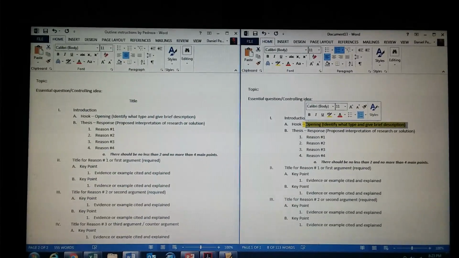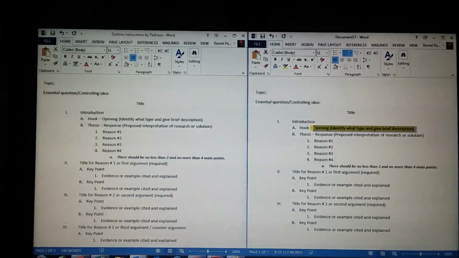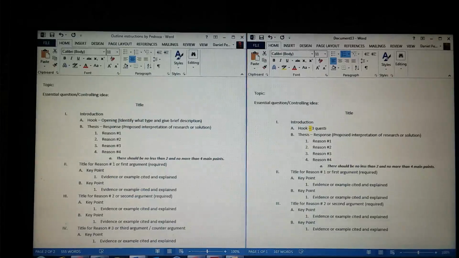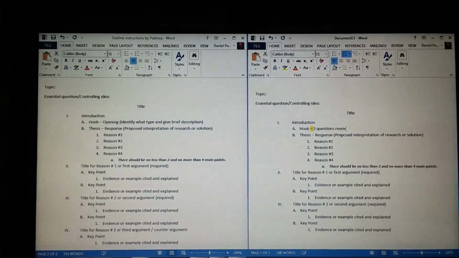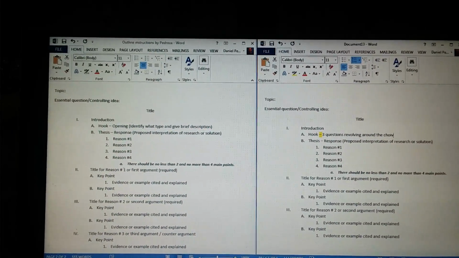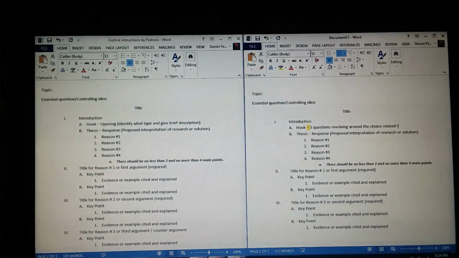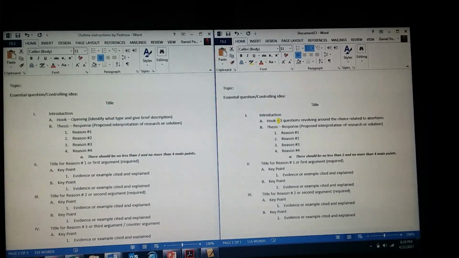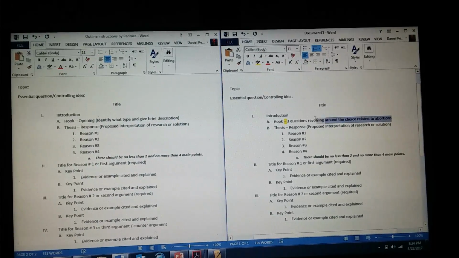So here I'm literally going to write three questions revolving around the choice related to abortion. Okay? And then let me highlight it so you can see it.